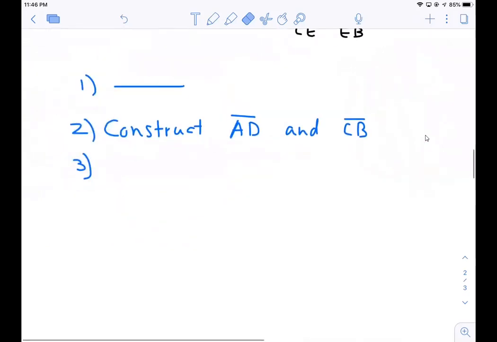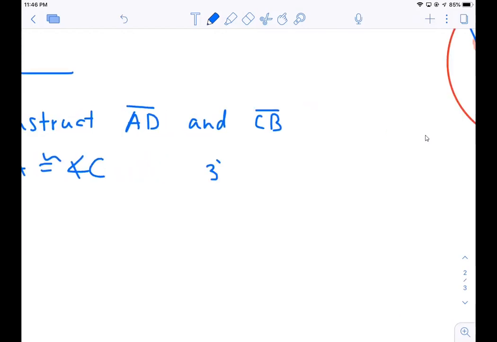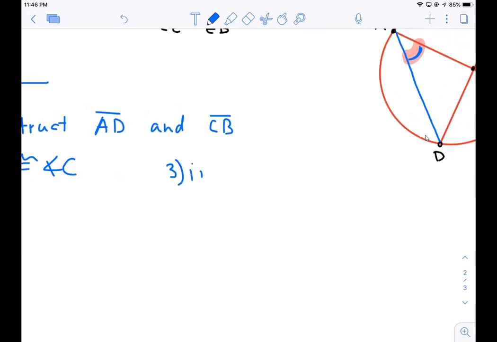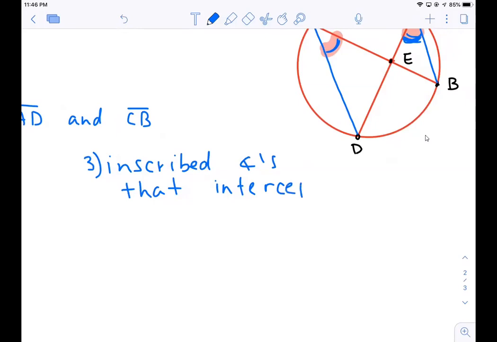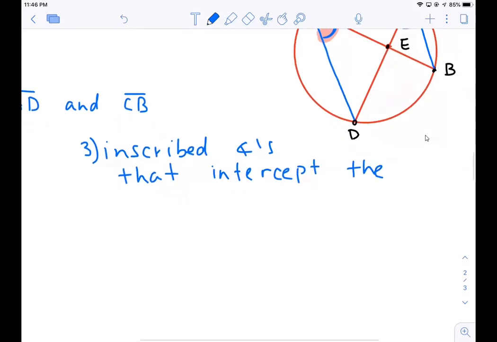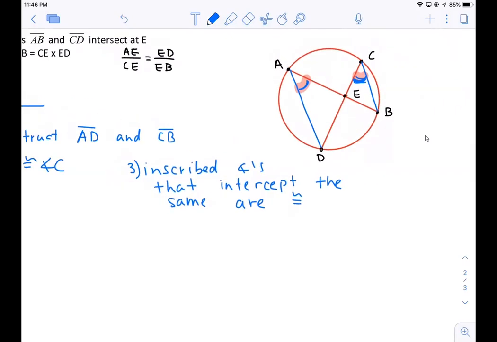But I'm going to go straight to the easier one, which is angle A is congruent to angle C, because inscribed angles that intercept the same arc must be congruent. Right, and I think that should make sense to everyone.